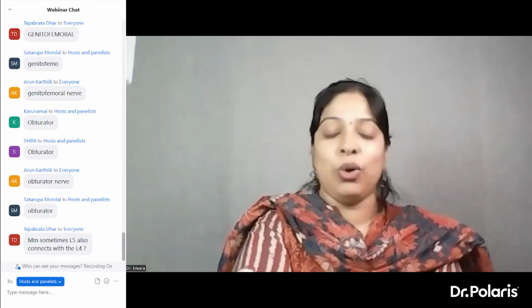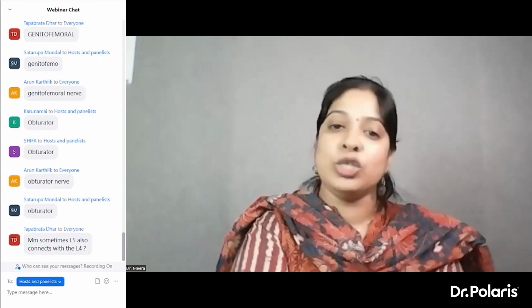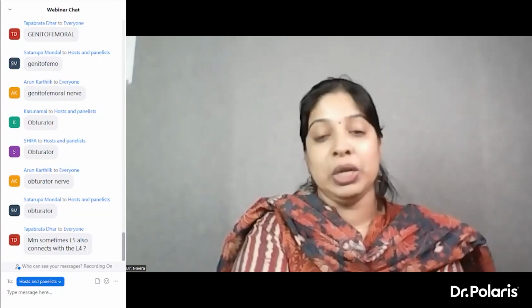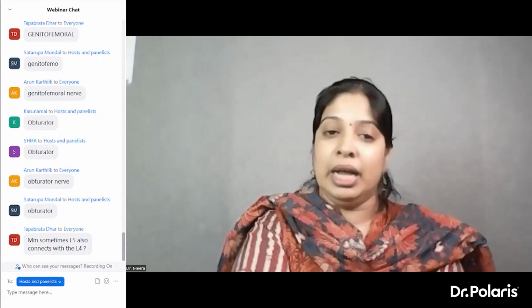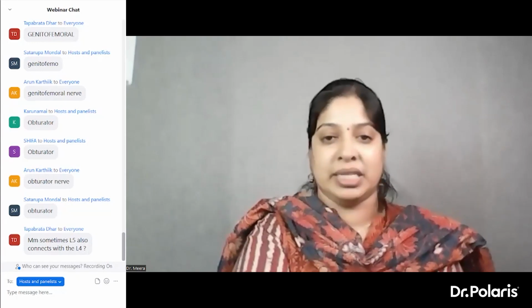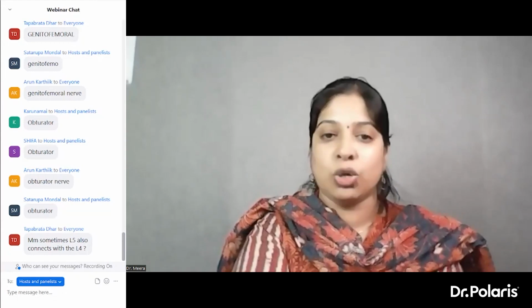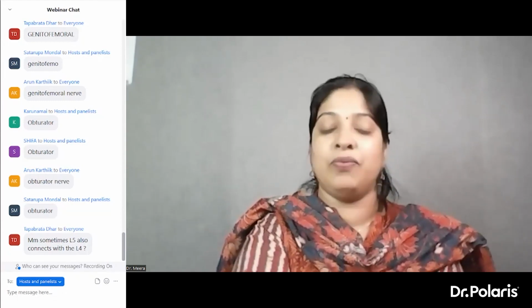Actually, what is happening here is that a small twig from L4 joins with L5 to form a lumbosacral trunk, which will go with the sacral plexus. So there is a connection between the lumbar plexus and the sacral plexus, and that connecting nerve is called the lumbosacral trunk, between L4 and L5.